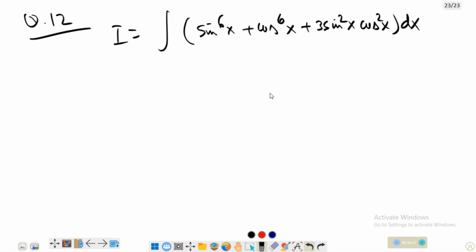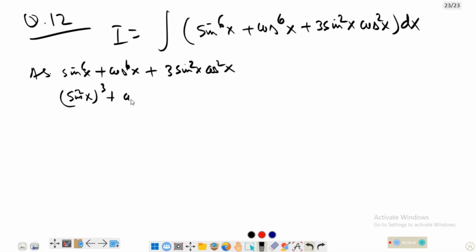As we know, this quantity is equal to sin square x to the power 3 plus cos square x to the power 3 plus 3 sin square x into cos square x.